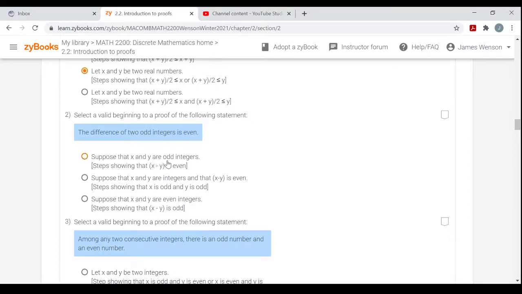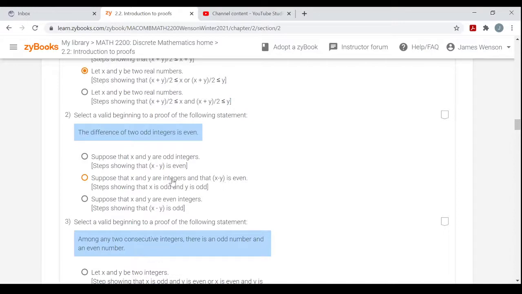So, suppose x and y are two odd integers. That would be a great start. I wouldn't want to suppose that x and y are even integers, because the statement's about two odd integers. So not that one. Suppose that x and y are integers and that x minus y is even? No, you cannot start with what you're trying to prove.